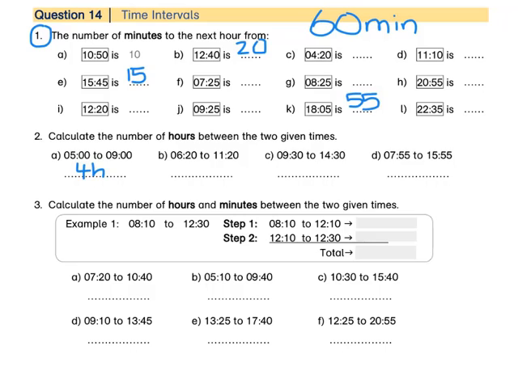For B, we're at 20 minutes past 6 to 20 minutes past 11. Because the minutes are identical, all we need to look at is the hours. Again, from 6 o'clock in the morning till 11 o'clock in the morning, the difference between 11 and 6 is 5 hours.